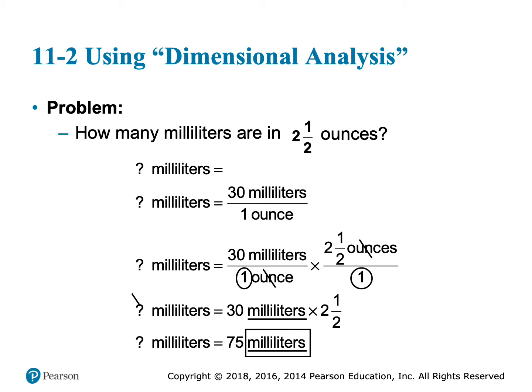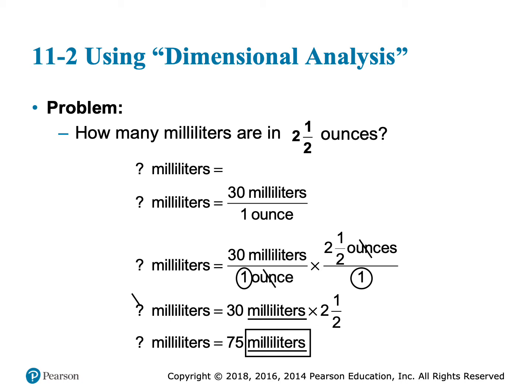All right, so the dimensional analysis method is an alternative to the ratio, proportion, and dosage formula methods. There are no formulas to memorize. It's a problem-solving method that uses the fact that any number or expression can be multiplied by 1 without changing its value.